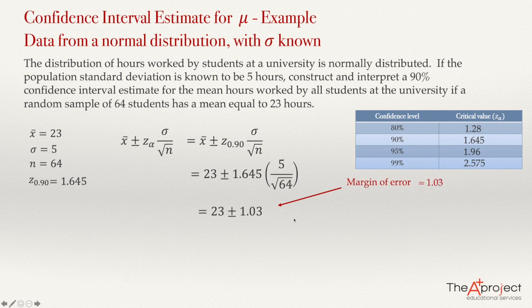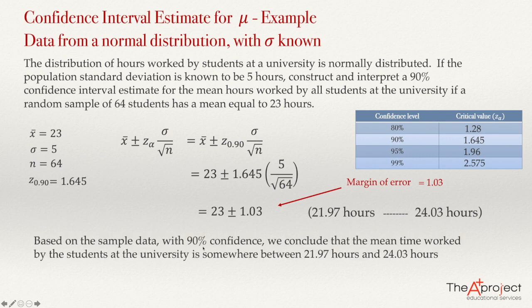The limits of this interval are: 23 minus 1.03 will be the lower limit, so it will be 21.97 hours. And 23 plus 1.03 will be the upper limit of this interval, so it will be 24.03 hours. So in this case, we are 90% sure.